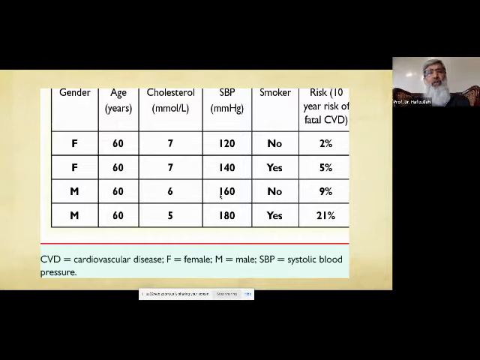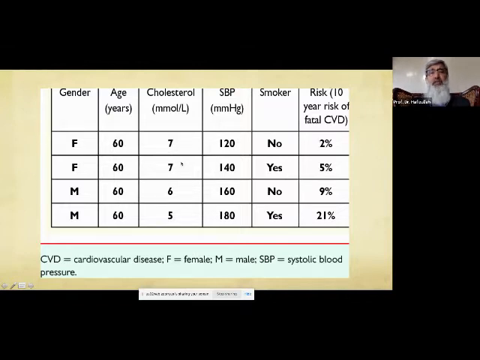And again, I want to emphasize that we have to look at the patient as a whole and not only look at one risk factor. For example, for a female 60 years of age, and we are looking at 60 years of age over here. If the cholesterol in millimoles is 7, which is about 280, blood pressure 120, non-smoker, risk is 2%. So even with the cholesterol of 280, risk is 2%.